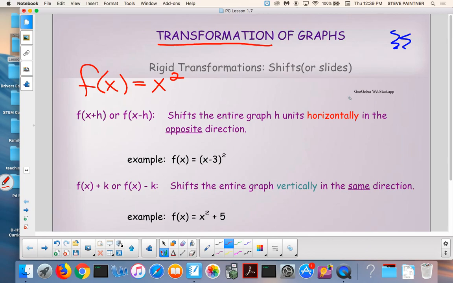If you open the parentheses and you stick a number inside, for instance like that, or if you have x plus h or x minus h, then it shifts the entire graph what? Horizontally h units, in what direction? Opposite.